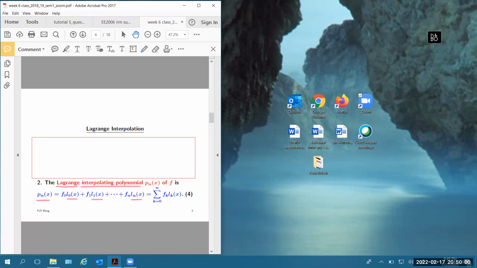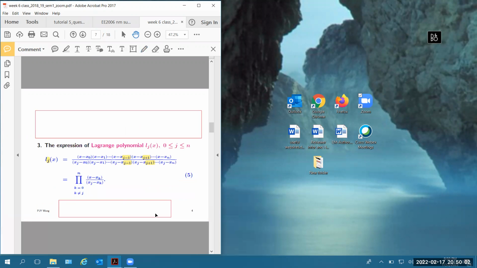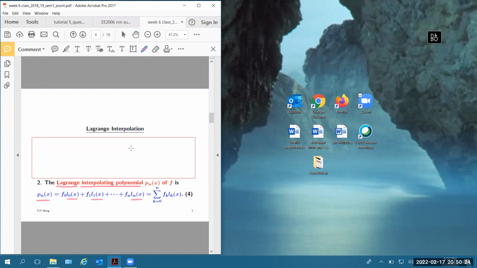Okay, so we go to the next page here. All these L0, L1 until Ln, they actually have a name. It's called Lagrange polynomial. Don't be confused: just now we also heard something like this, but actually not exactly.